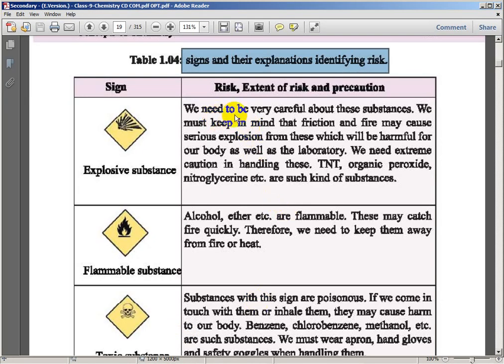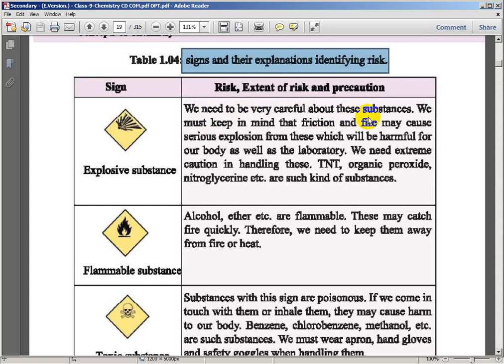Okay, we need to see what the risk is, the extent of risk, and precaution. Extent of risk means how much risk, and precaution means safety measures. During handling of these explosive chemicals, we need to be very careful.